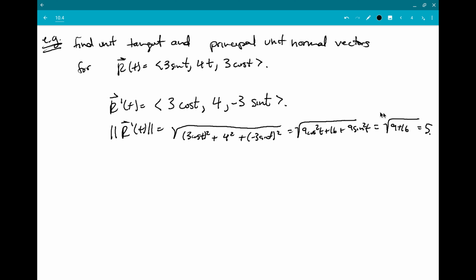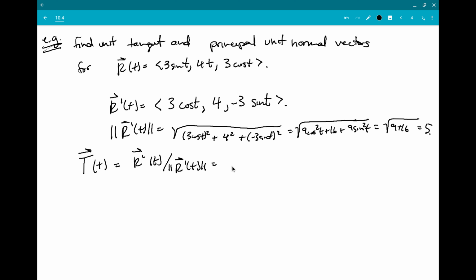If this jump right here kind of freaked you out, give us a pause right now, think through those algebra trig tricks, and it should connect with you. But then going back to our formula, we know that that unit tangent vector is r prime of t divided by its magnitude.